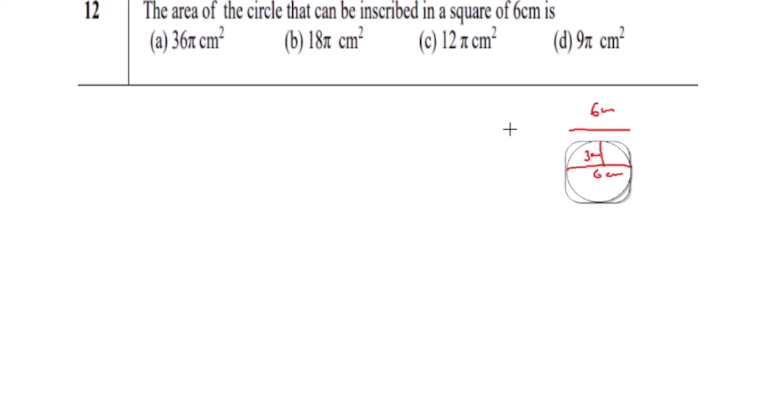So what is the question? The area of the circle that can be inscribed in a square of side 6 centimeters. So here we can say that the diameter of the circle is equal to the side of the square.